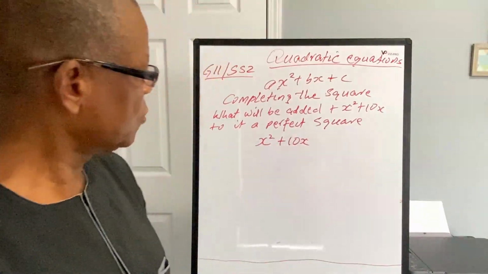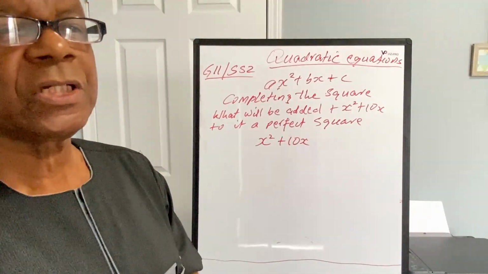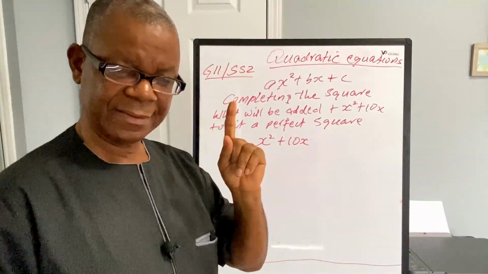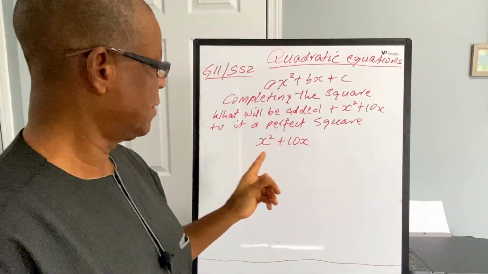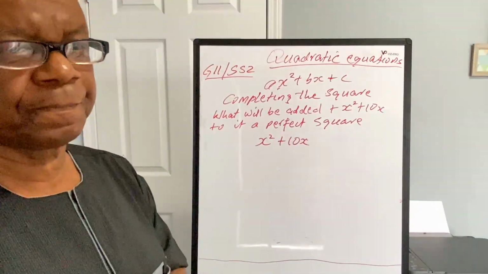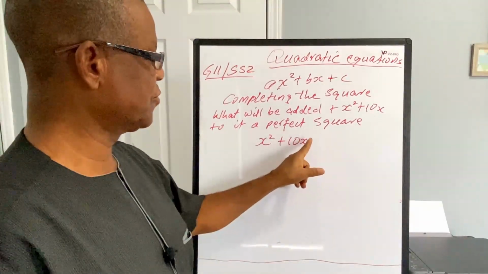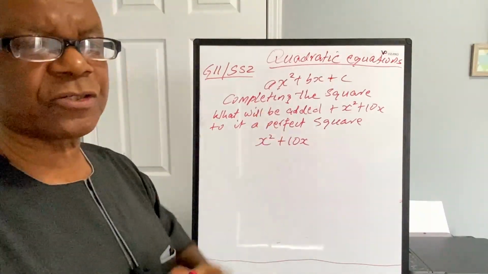What will be added to this expression to make it a perfect square is the square of half of the coefficient of the first degree. This x is first degree because it's raised to power 1. This is second degree because it's raised to power 2.